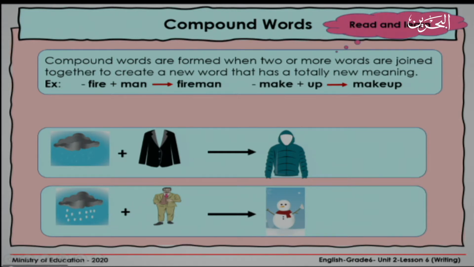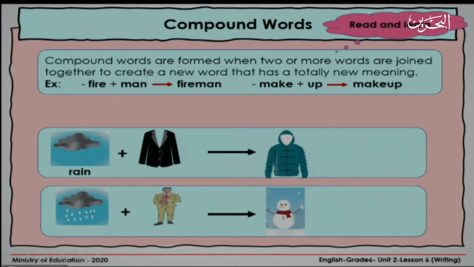Another example, make is a verb, plus up is a preposition. When we combine these 2 words, we come up with a totally different word, which is makeup. Lipstick is part of makeup, right? Now, let's take some more examples.